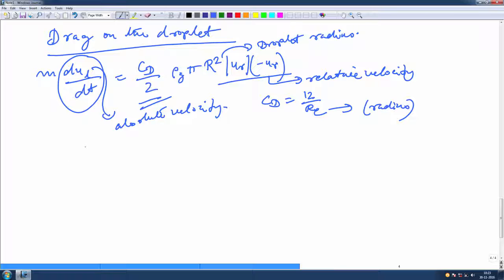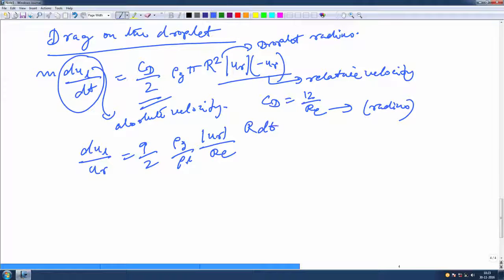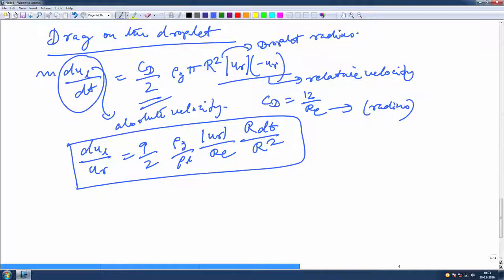Okay. As I said earlier, this particular form is more or less valid because the Reynolds number does not really change significantly even if there is a large reduction in the mass.